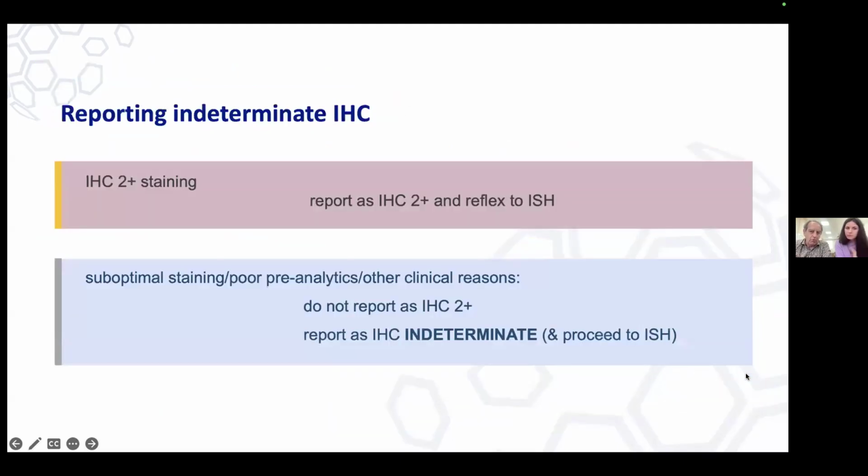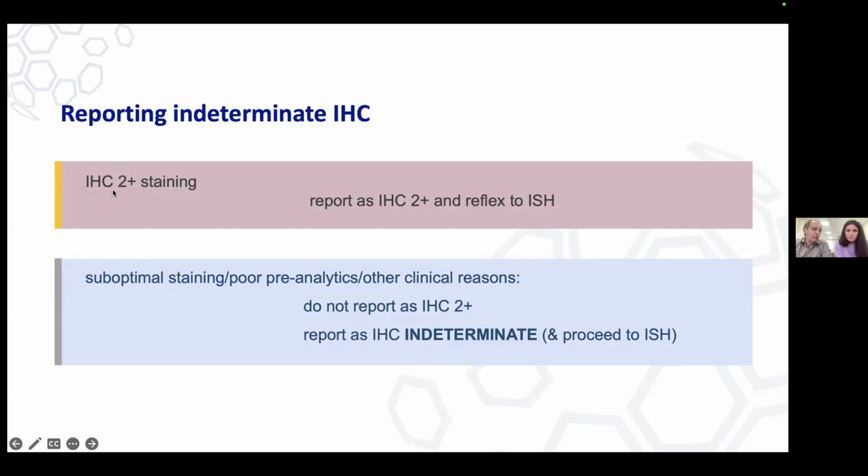One warning that we spoke about the other time. There are a lot of people who say, for a lot of good clinical and histological reasons, that they are not comfortable calling this 1 plus negative. They want an ISH. That's fine, reflex to ISH.